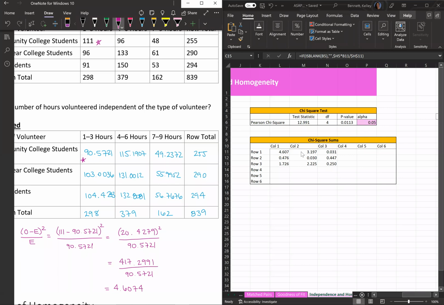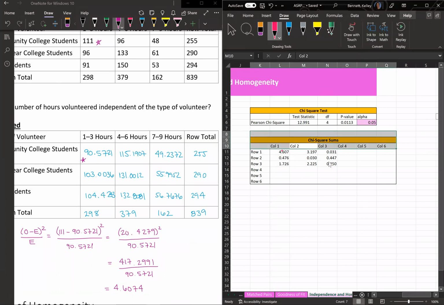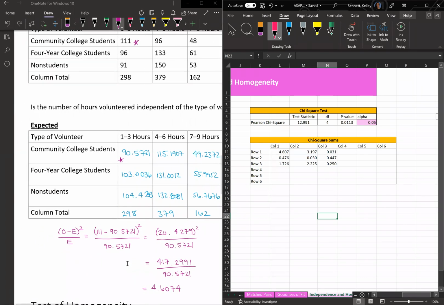Right, and so if we look at what's going on in Excel in that first position, 4.607, that's what we just computed by hand. So instead of having to do that for all 9 spaces, we're going to have Excel compute those, and those are the residuals. So once I have my residuals, I can add all of those up, and that's going to give me my test statistic.